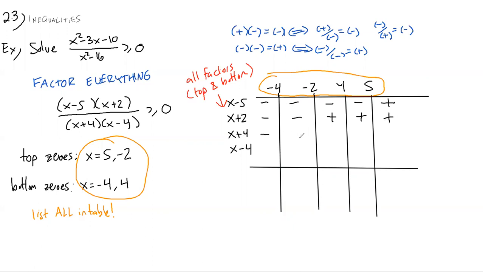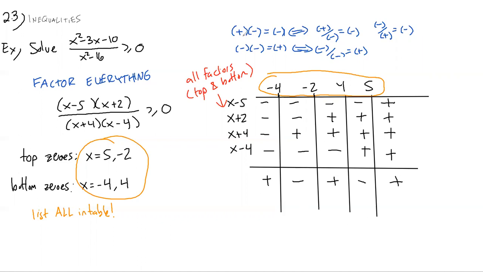X plus 4 flips positive at -4, and x minus 4 flips positive at 4. So on the other side of 4, I'll write positives, and then 4 negatives will all cancel and leave me with a positive. 3 negatives, 2 will cancel and I'll have 1 left over. 2 negatives are a positive, 1 negative is negative, 4 positives are a positive.